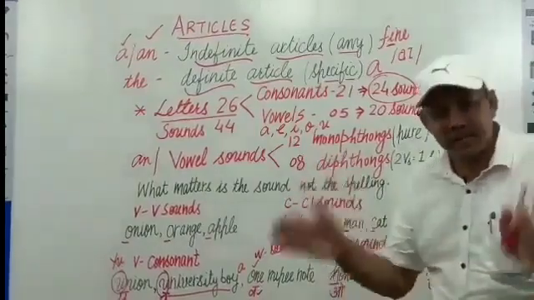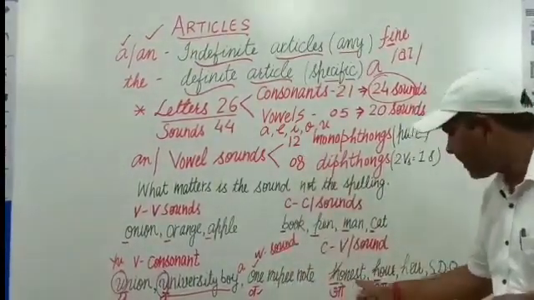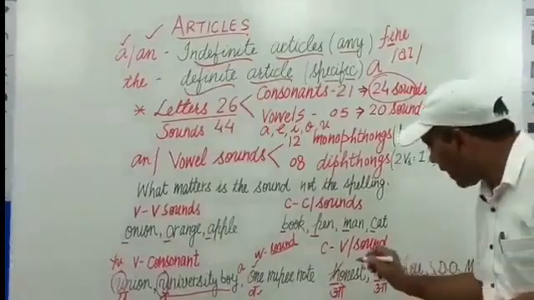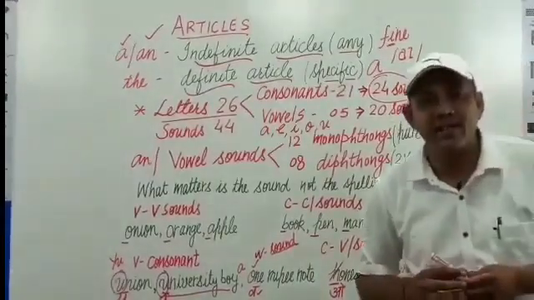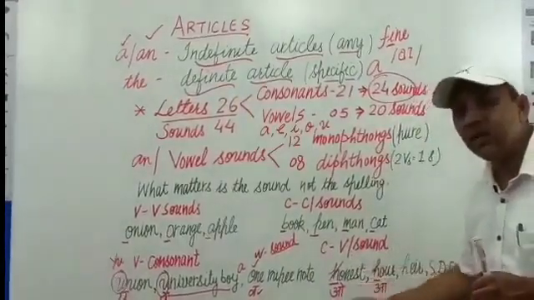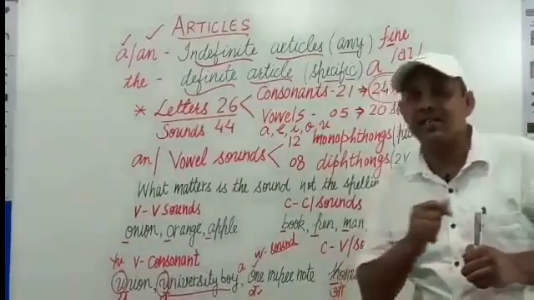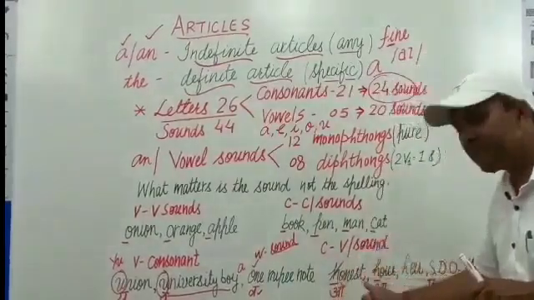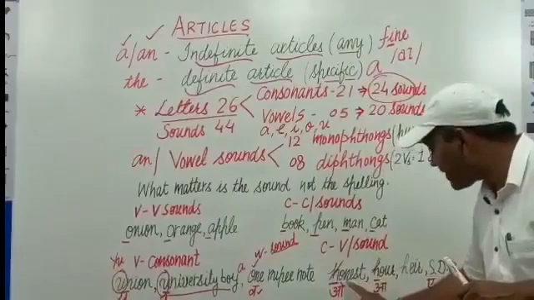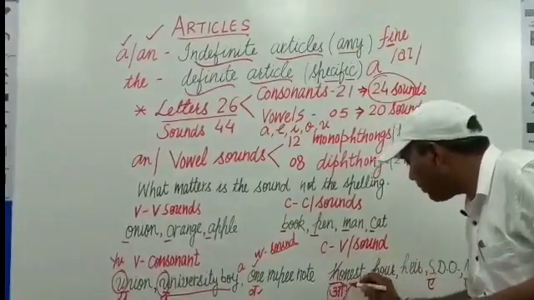Of course, there are some exceptions to this rule, but in most of the words, for example, honest, it is never spoken as hon-est with the H. If you pronounce it like that, then you will never be able to fill in the correct article. That's why it is pronounced as on-est. The initial sound is O, which is a vowel sound.